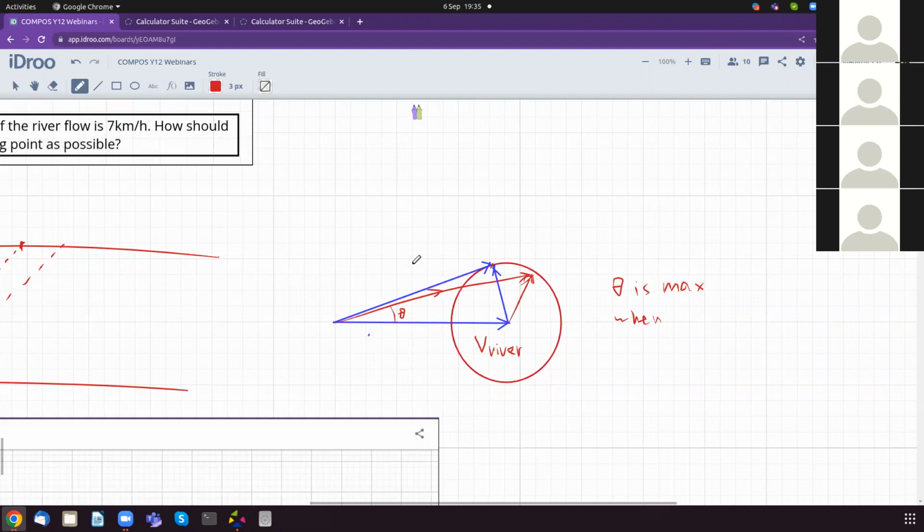So this is the velocity of the boat relative to the shore, and this is the velocity of the boat relative to the river, when VB shore is tangent to the circle. Now, this is the last problem and the hardest one.